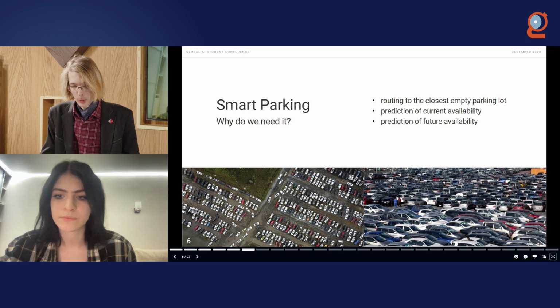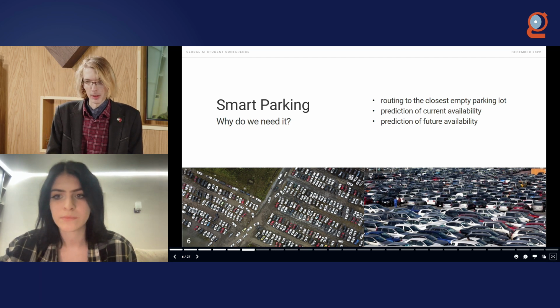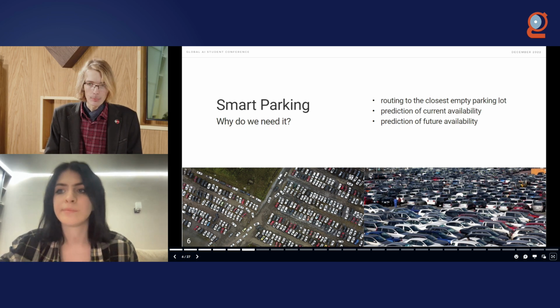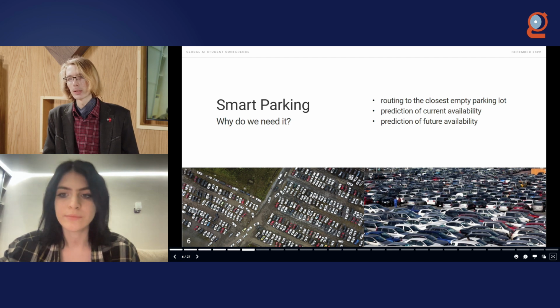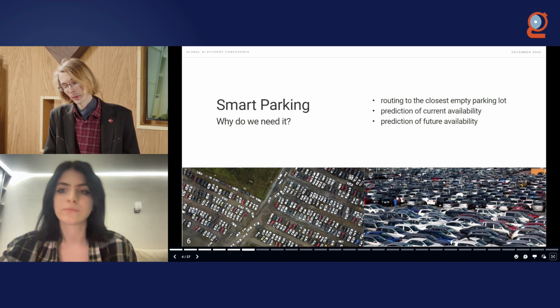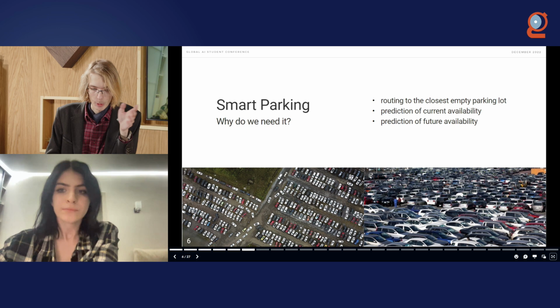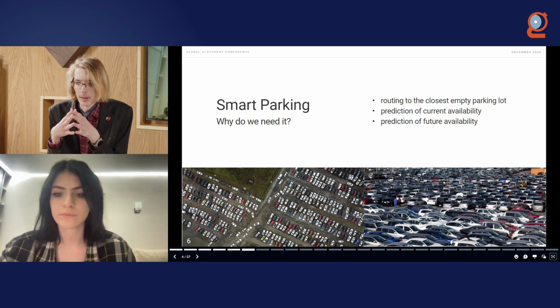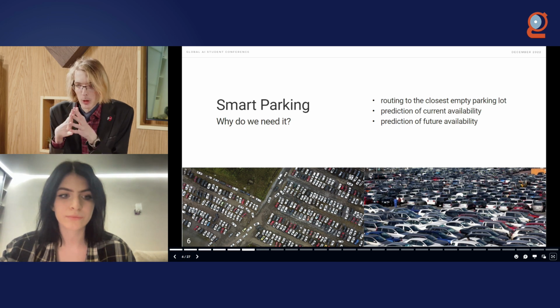Okay, what do we expect from the solution of this interesting problem? We need to establish a system that will solve three problems. First of all, we need to detect non-occupied parking lots from some observation infrastructure.